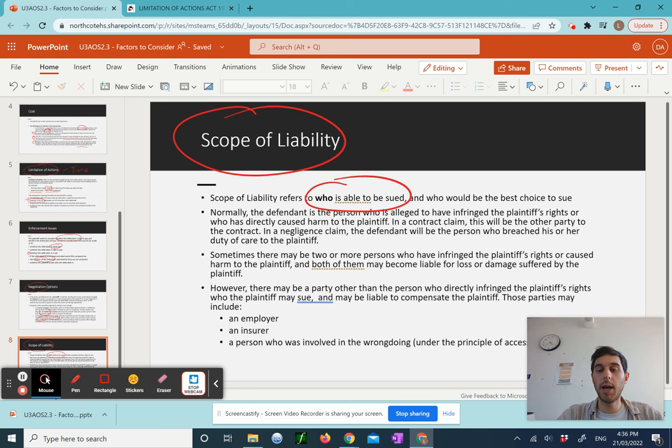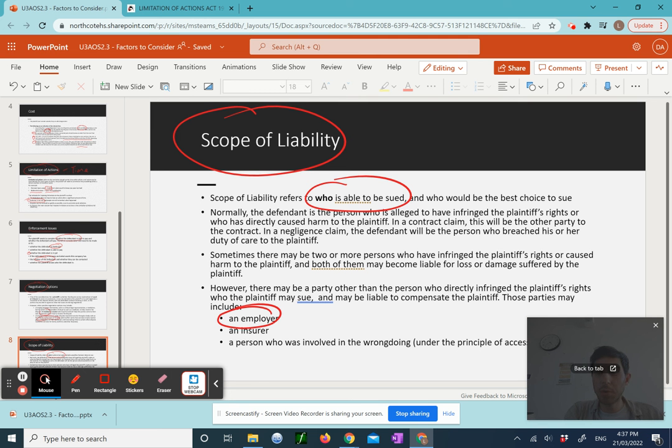So, for example, if a teacher just stands by and watches while another student bullies you and beats you up, you might be able to sue that teacher for negligence, irresponsible behaviour, not supervising properly. You might be able to sue the teacher, but some better options might be the school or the Department of Education. So making smart decisions about who you should choose to sue is something you should consider right at the start of the process.